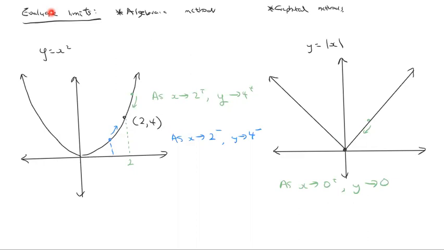Actually, are you approaching 0 on the positive side or the negative side of 0? Positive, right? We're not worried about what happens to the numbers. We're worried about on which side of 0 you're approaching. So as x approaches 0 from the negative side, what's y approaching? 0 from the positive side.